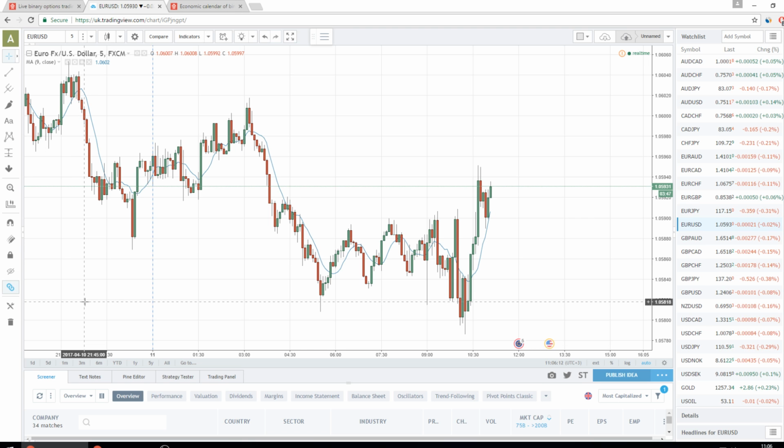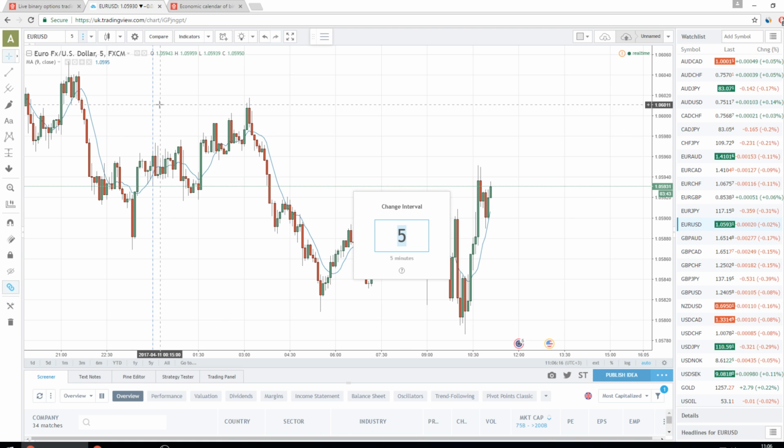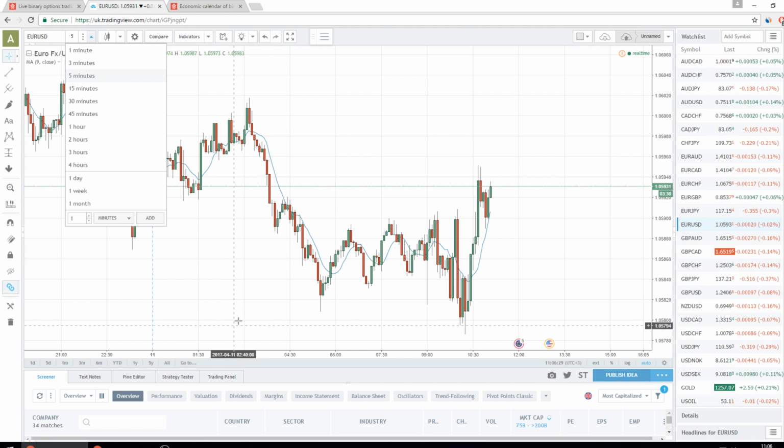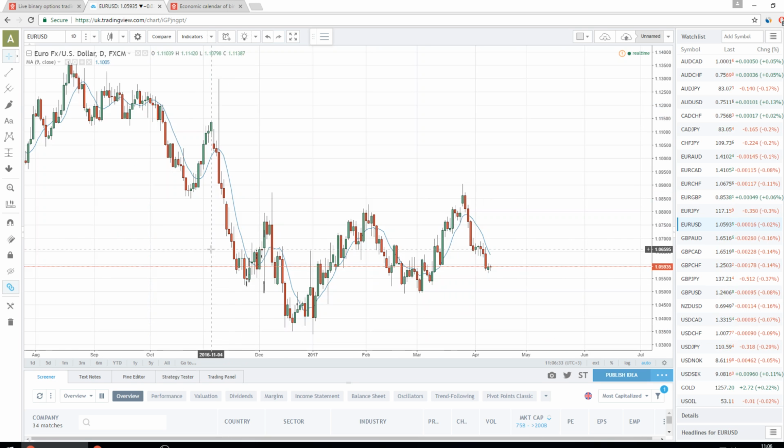So from the start, a simple moving average can help you determine the direction of the trend and the probability of trend change.